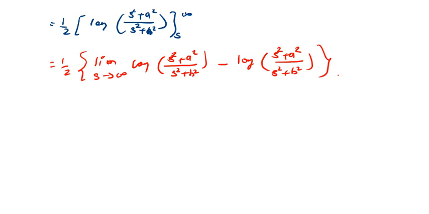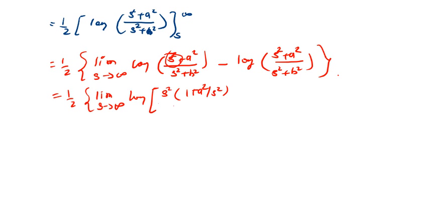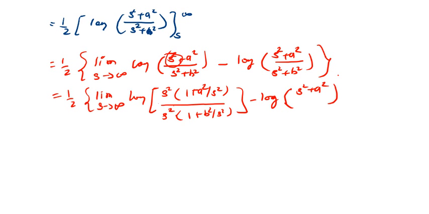Now solving this will be 1 by 2. I can write this as limit s tends to infinity of log of, now see this, take this s square out, so what remains in the bracket, 1 plus a square by s square, also in the denominator s square will be out, 1 plus b square by s square, minus this term as it is, log of s square plus a square upon s square plus b square.